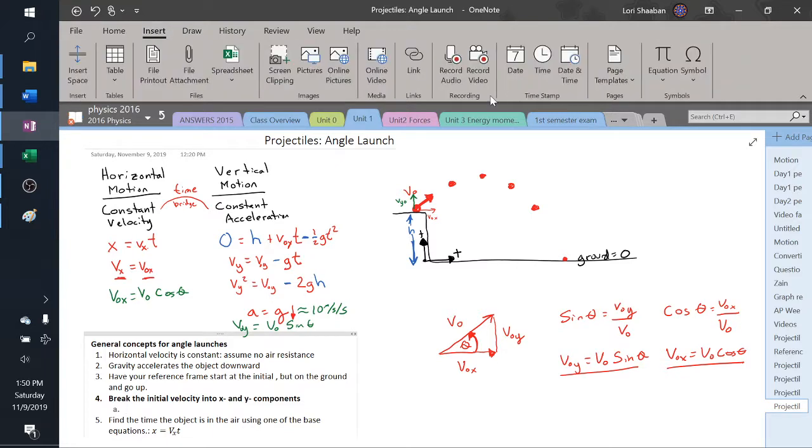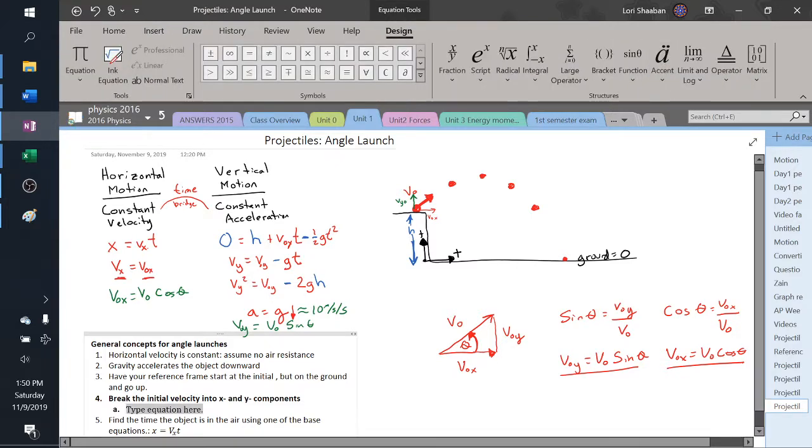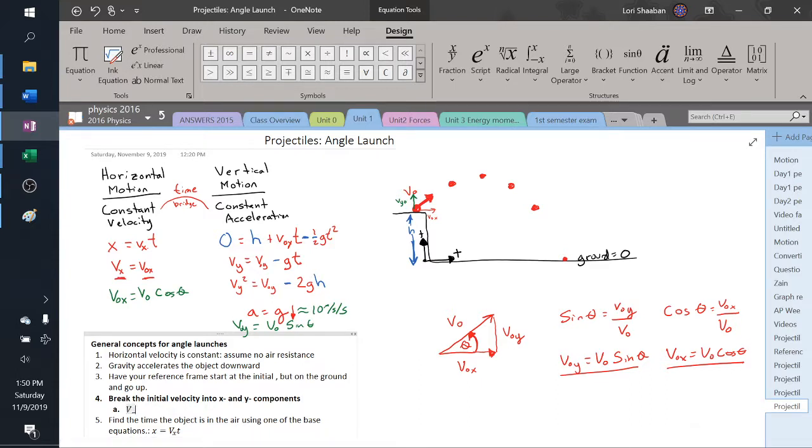I'm going to write those down. So we have v sub naught x equals v sub naught cosine of theta.